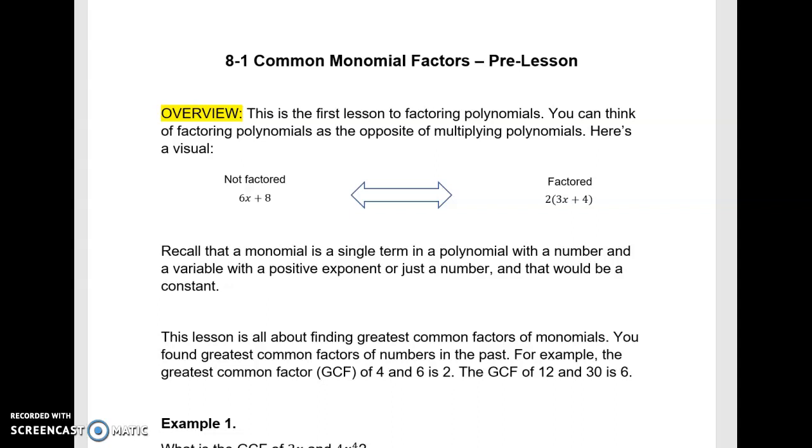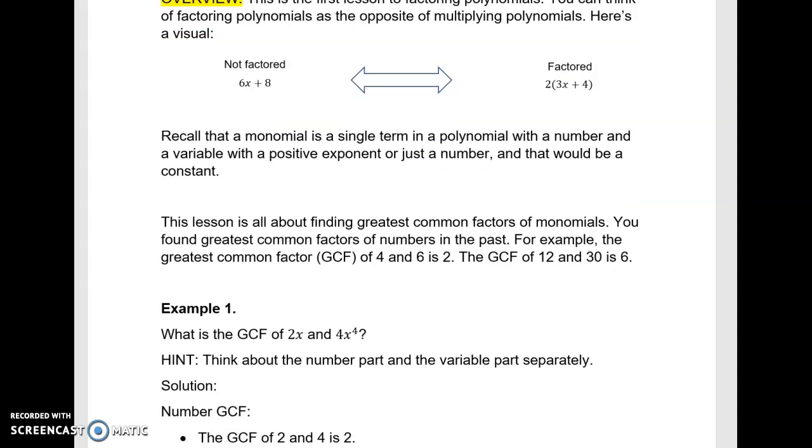Recall that a monomial is a single term in a polynomial with a number and a variable with a positive exponent, or just a number, and that would be a constant. So you've got like 6 or 5, that's just a constant. So this lesson is all about finding greatest common factors of monomials, and then we'll move on from there for the next chapters.